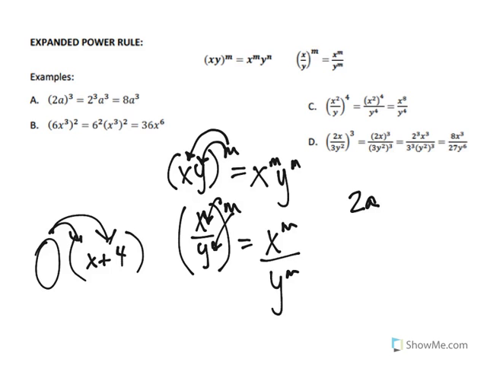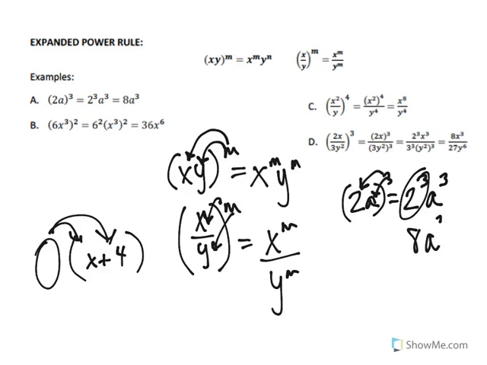Let's say we have 2a in parentheses raised to the third power. We need to give or distribute the exponent to each piece in the parentheses. That gives me 2 to the third times a to the third. We can simplify this one here.